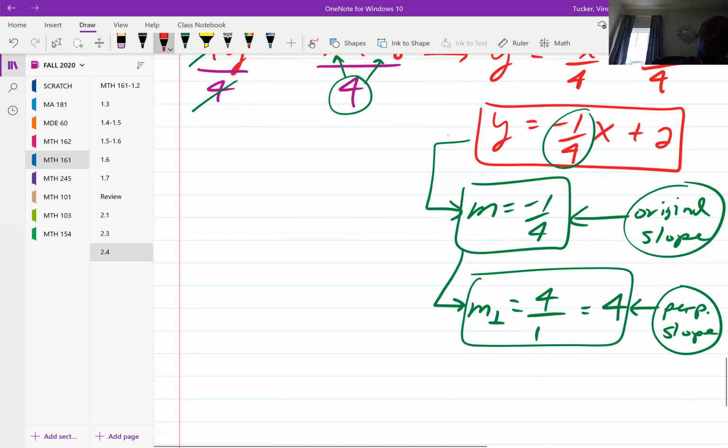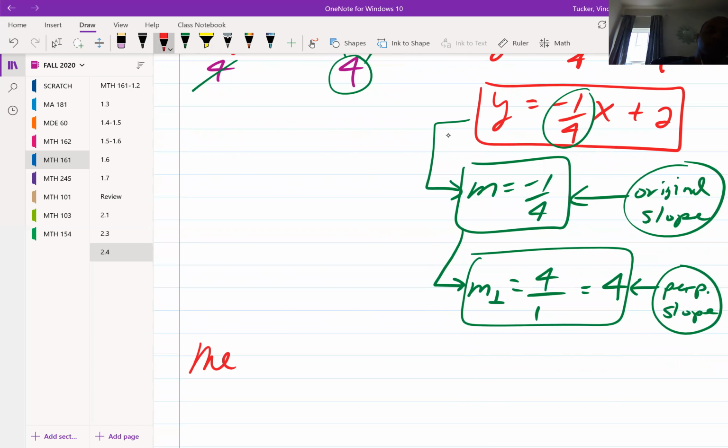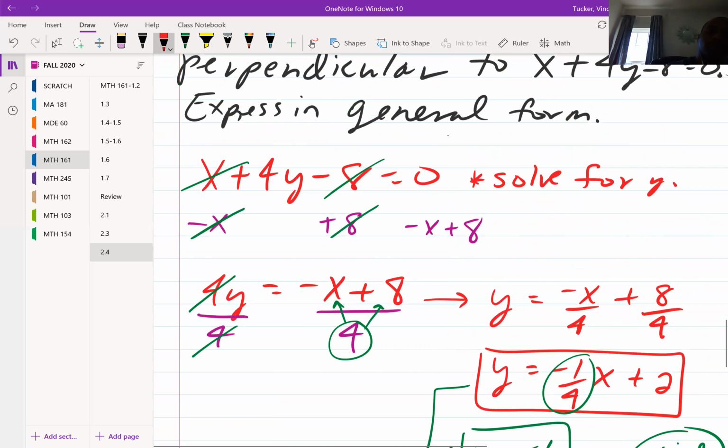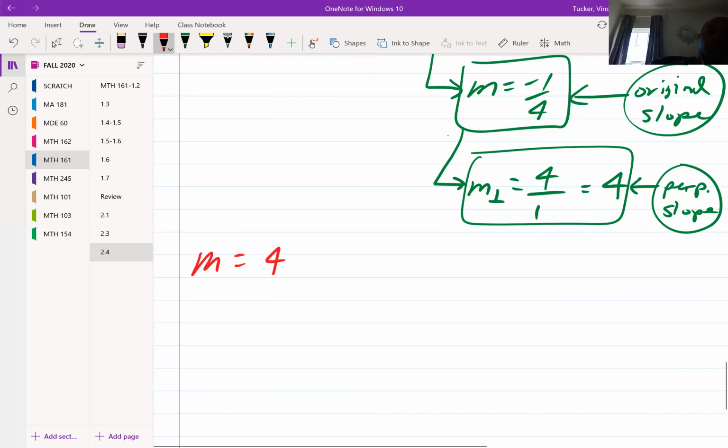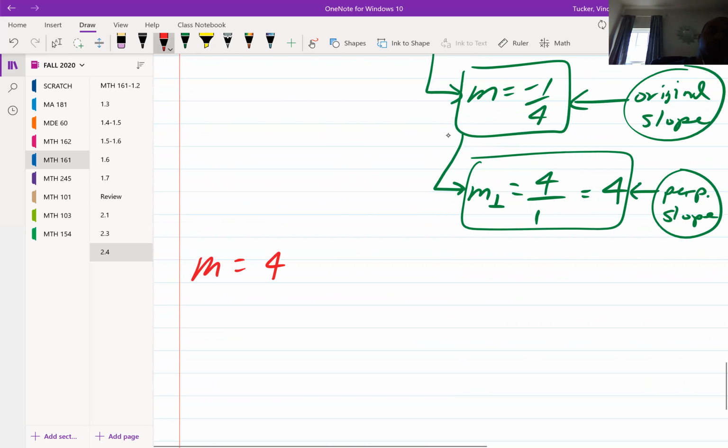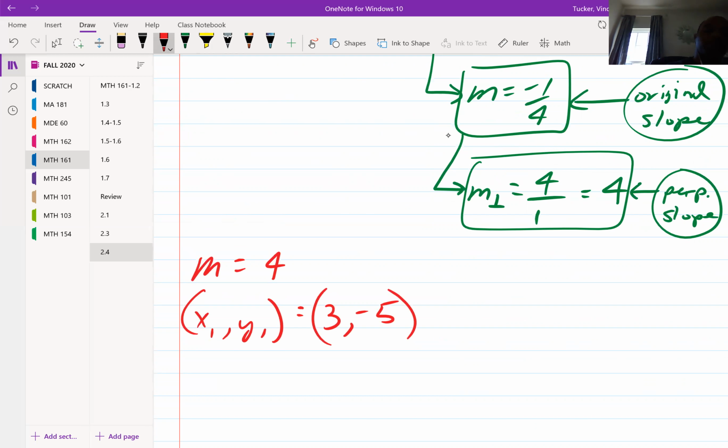Our slope is 4, and our point is (3, -5). I'll come down some.